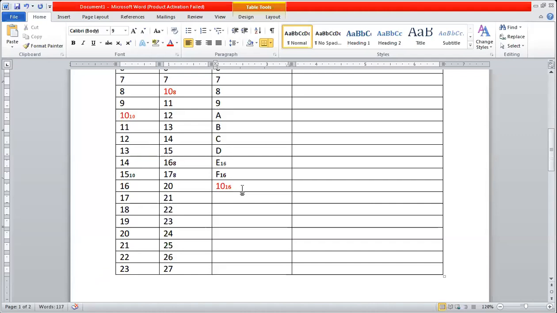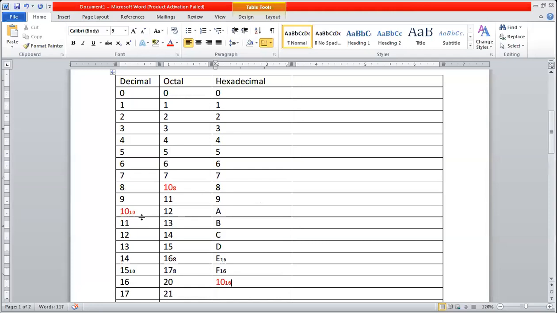Now, if I want to give you 10 rupees, in which number system are you going to denote it? If I want to give you 10 rupees, then in decimal number, what do I call it?